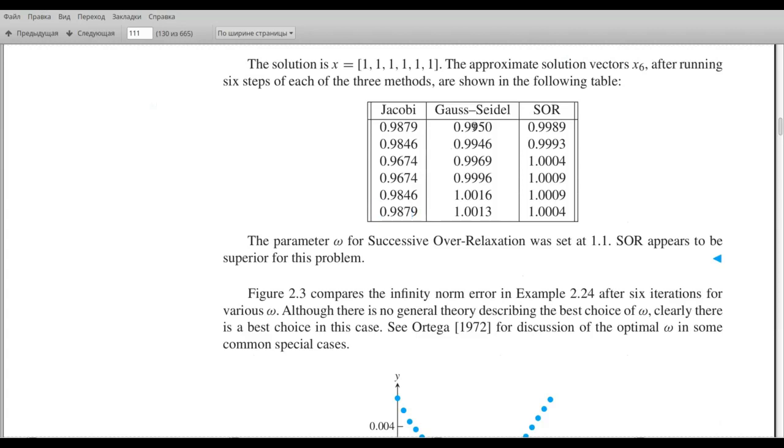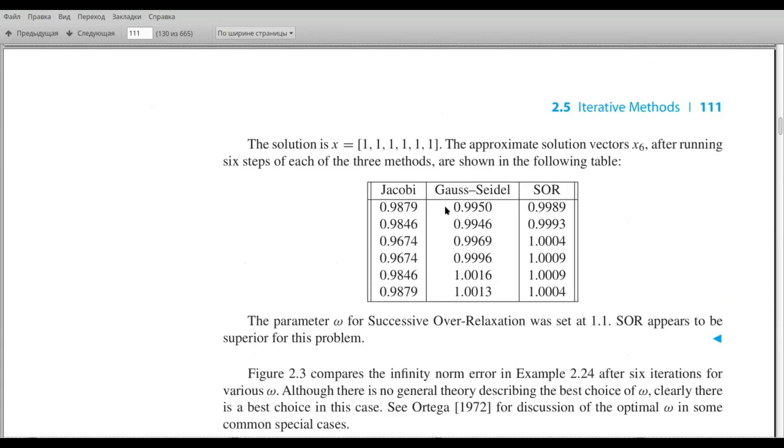So you see, this is the Jacobi method. You see Gauss-Seidel, which uses information, right? Have a look. Even on the first step, Gauss-Seidel gives you a better approximation of 1, with less error than the Jacobi method on the 6th step, right?